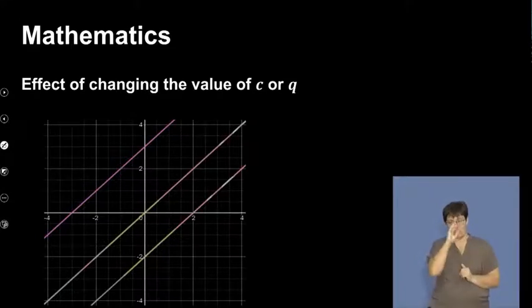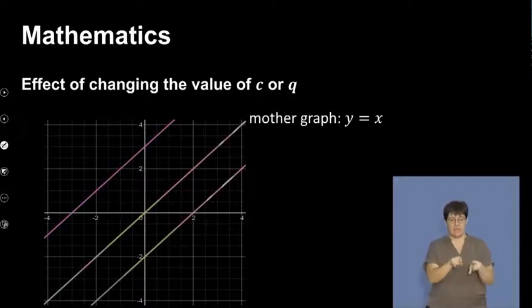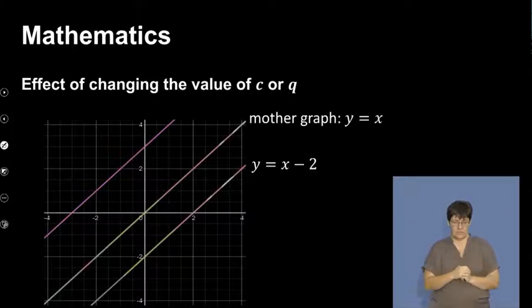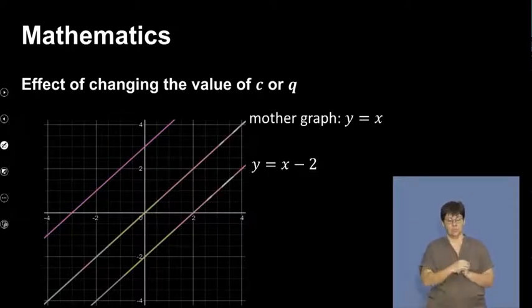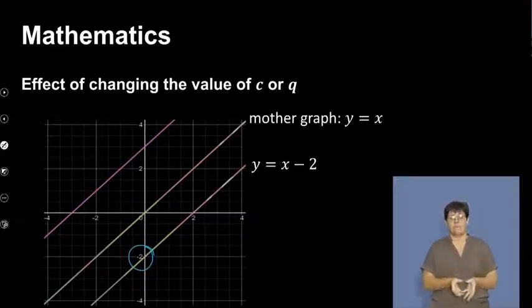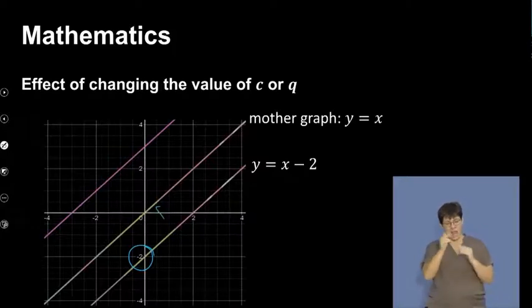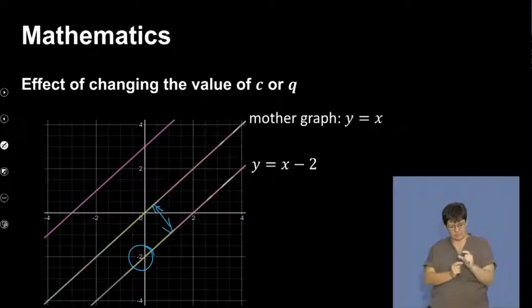So remember again, my mother graph here will be y equals x. And then you can always move it up or down depending on what the value is. If I say x minus 2, that simply means it is 2 units downwards, up until it gets to that point. But as you can see, these two lines are still at the same distance between one another.